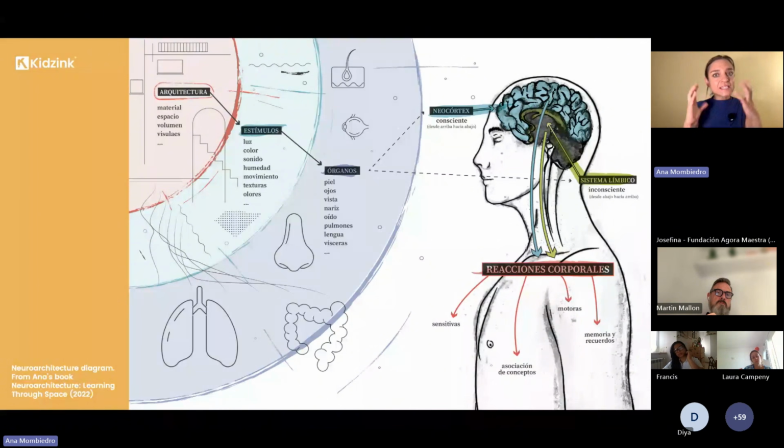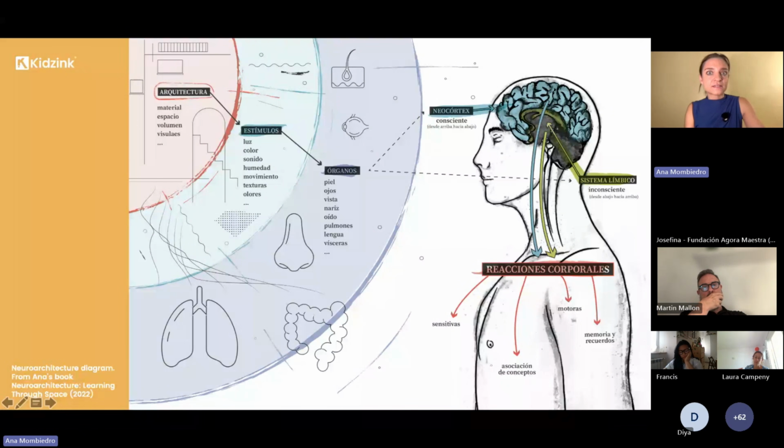But actually, those volumes, those proportions, those materials, what they do is that they create stimuli. They provide sensory stimuli to the user. And those stimuli are received by the organs of our body.